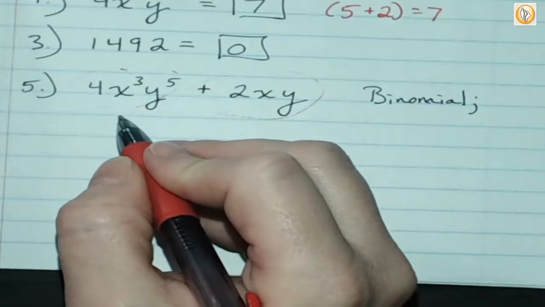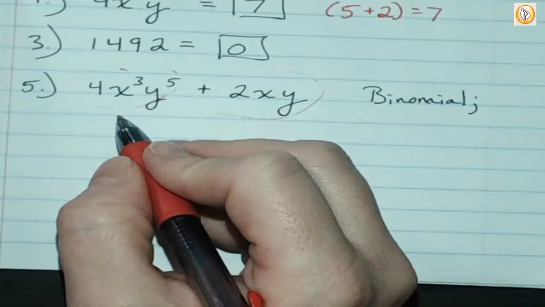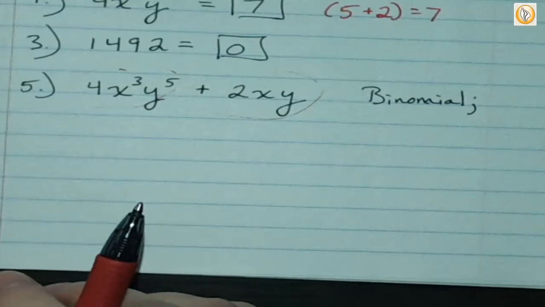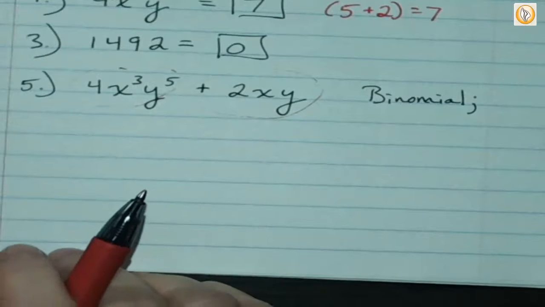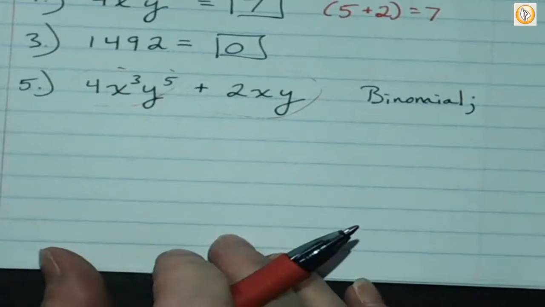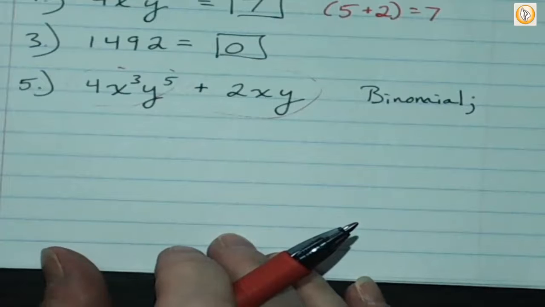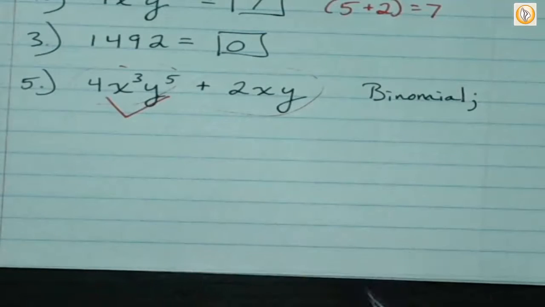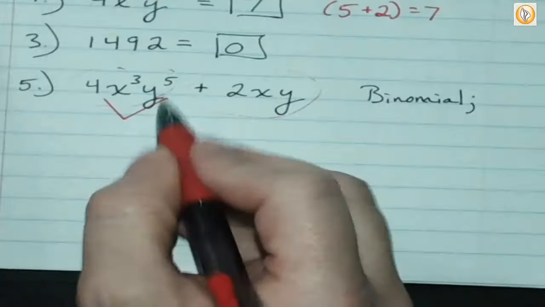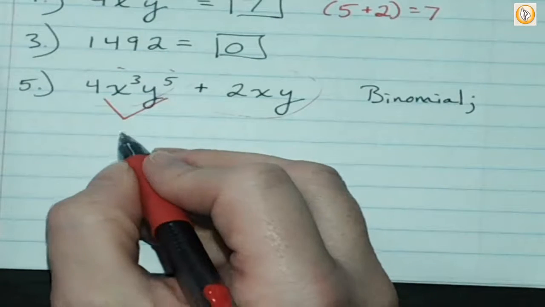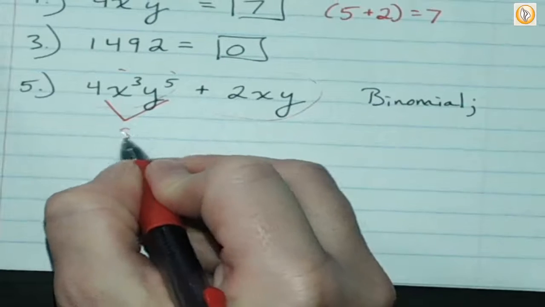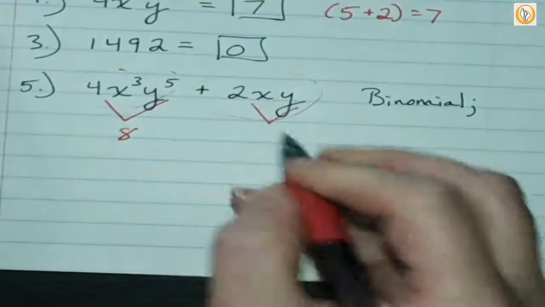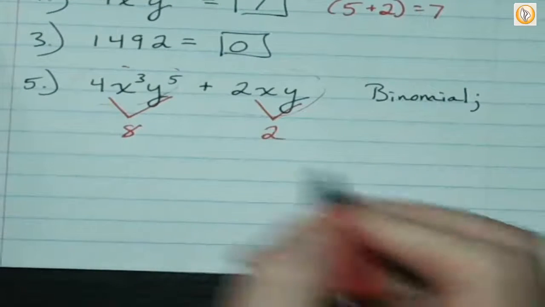His explanation wasn't quite correct, but he got the answer correct. So you get the degree of each term, which is 8 and 2.